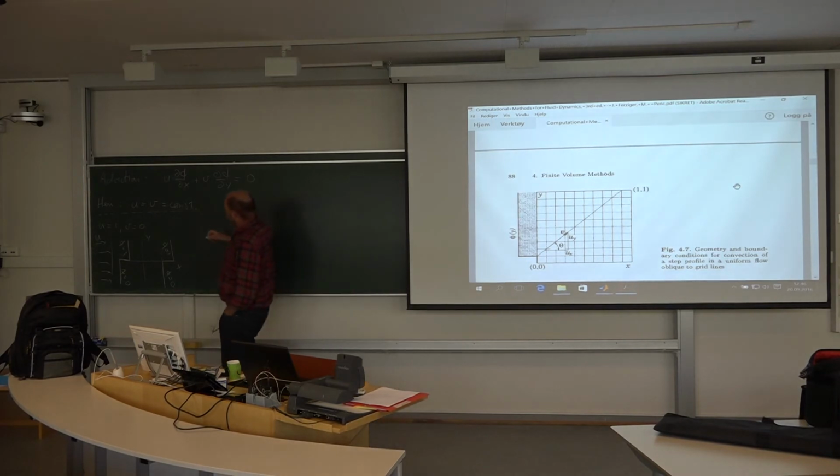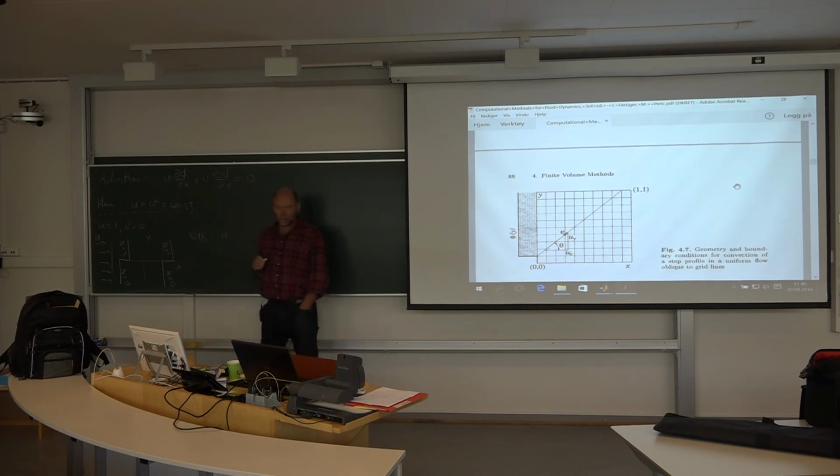And how will the discretization look? Well, for UDS, upwind scheme, U is positive. You will have U multiplied with a derivative, first order upwind.